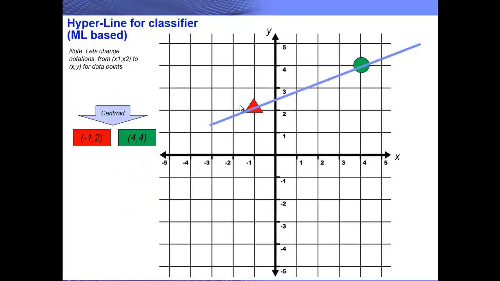This big triangle is one centroid, and the bigger green circle is another centroid. We got these 2 points and connected them by one line, let's call it the centroid line. This blue line is the centroid line.